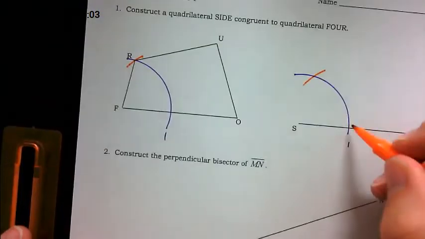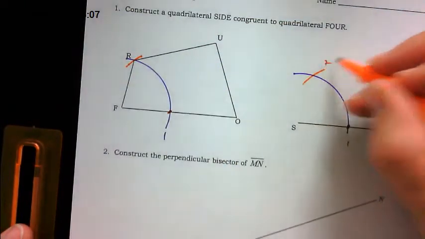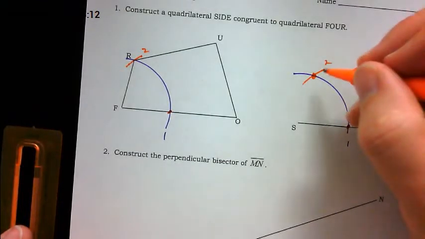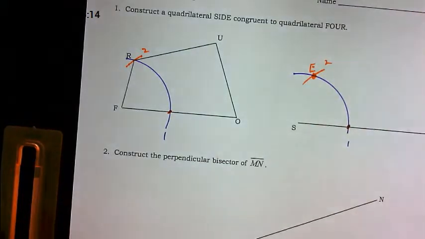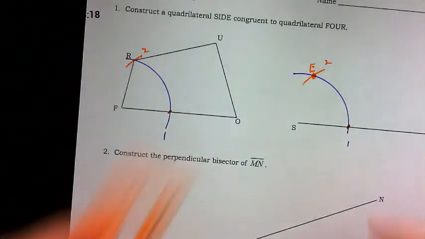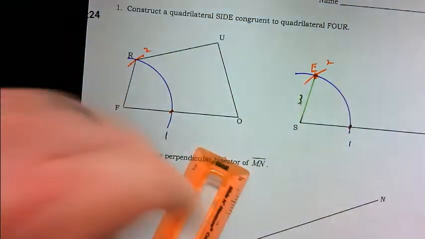So I went from here, marking out that same distance from here. So that would have been step 2. And that gives me that point, which again, that point is now E. I can go ahead and extend a line from S to E. That'd be the third step.